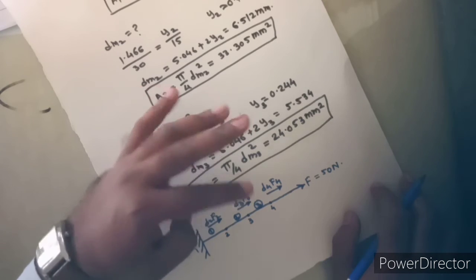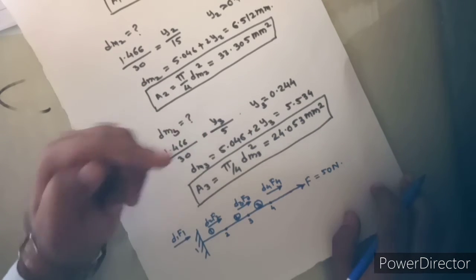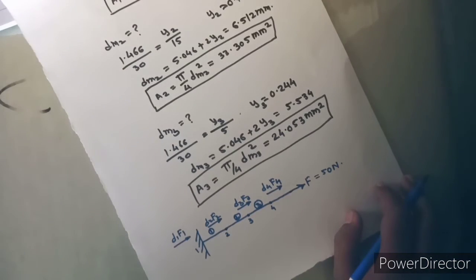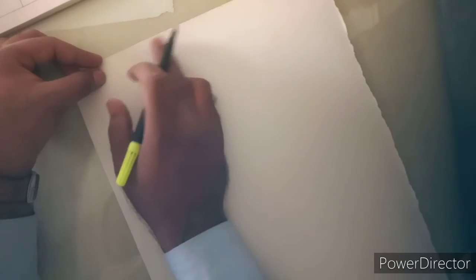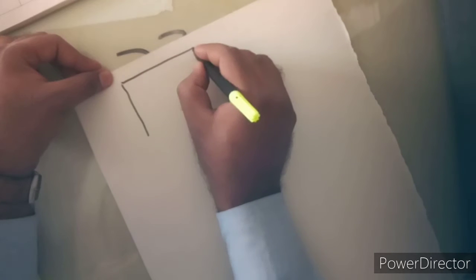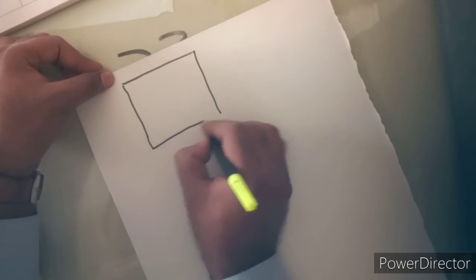Okay, then next, we have to convert A1, A2, A3, D1, D2, D3, DM1, DM2, DM3, okay, into mathematical modeling. Okay, first draw a table.